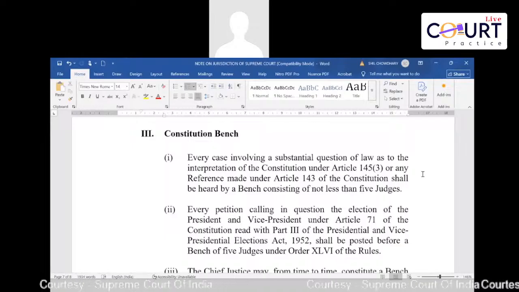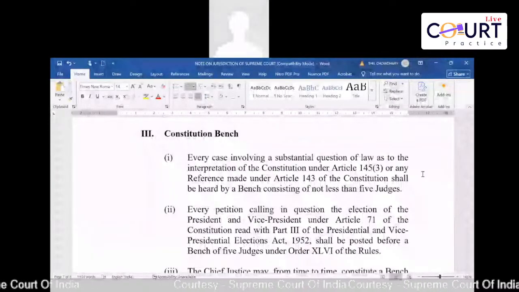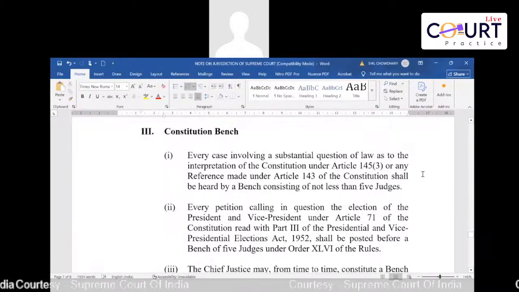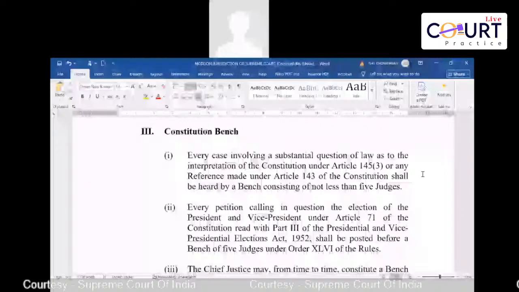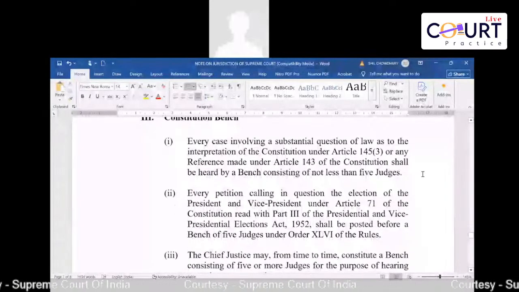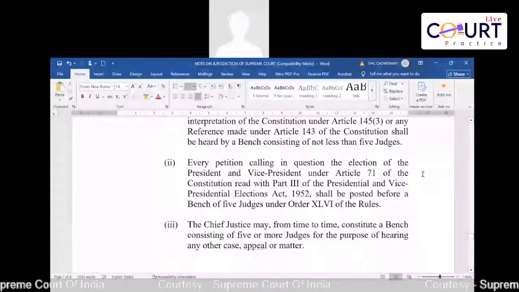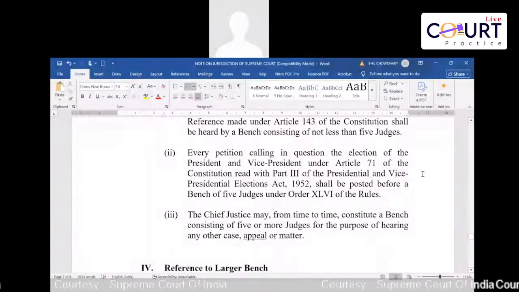So the example which we discussed about the Tamil Nadu governor case, a reference made by the president will be heard by a bench of not less than 5 judges. Similarly, every petition calling in question the election of president or vice president under Article 71 of the Constitution, read with Part 3 of the Presidential and Vice Presidential Election Act, shall be posted before a bench of 5 judges.